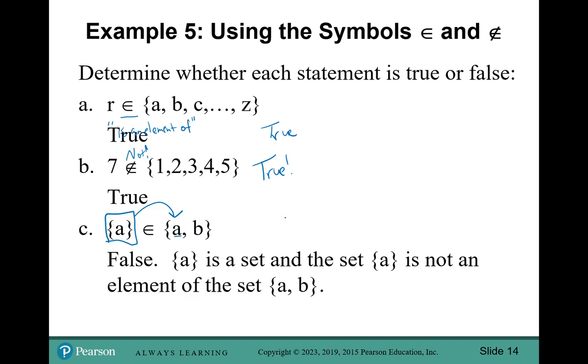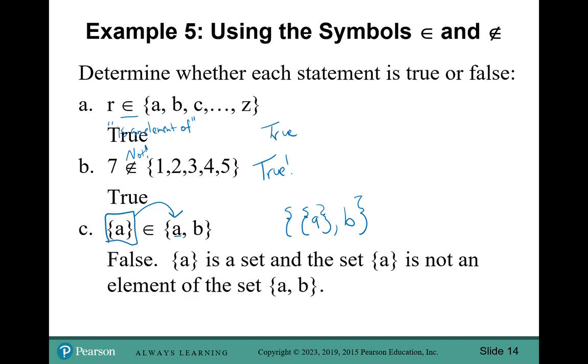In order for this to be true, the set would have to look like this and actually contain the set {A} and not just the element A. So, be careful. It can get tricky. So, is the set {A} an element of the set {A, B}? No, it's not, because the entire set notation is not included on the inside.